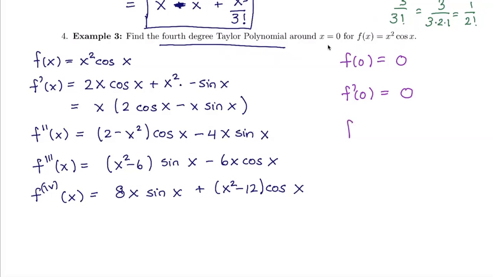However, when I get to f double prime of 0, remembering that the cosine of 0 is 1, I will end up with the value of 2. F triple prime of 0 will also evaluate to 0. And the fourth derivative at 0 will evaluate to negative 12.